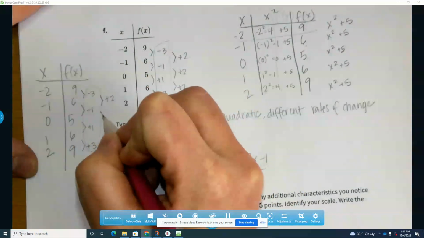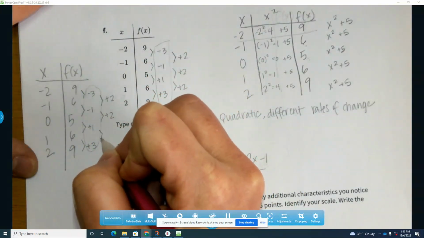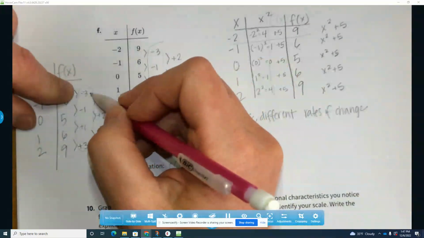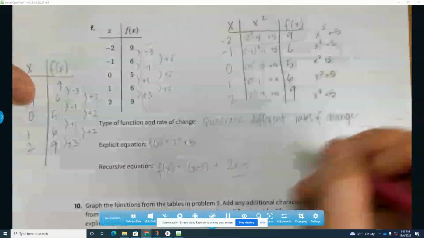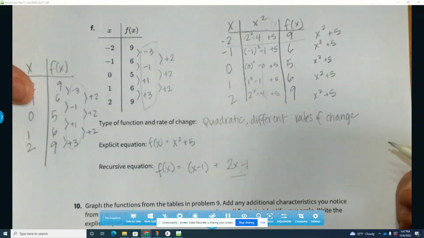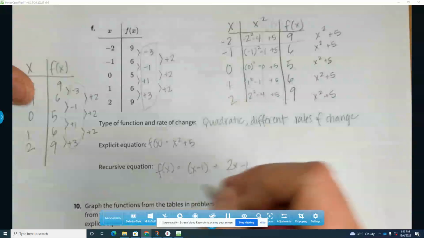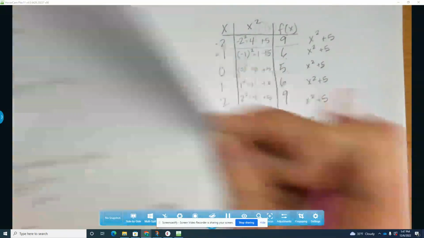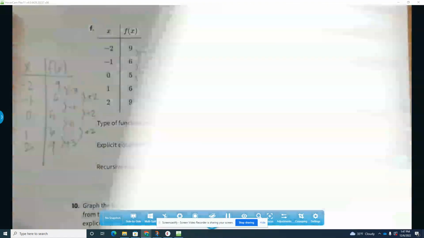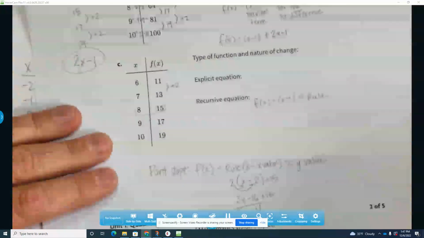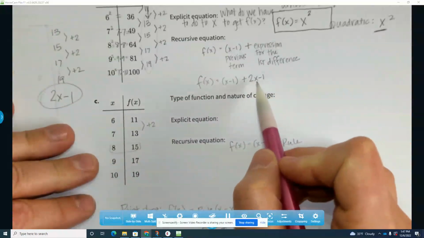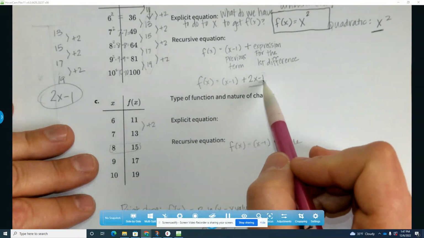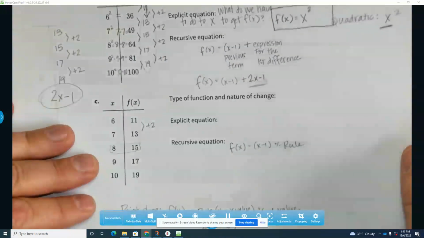Okay, and the plus 2 rule starts applying right away. It starts applying from the first term of that first difference, which is where this 1 comes from. And there's your recursive. Notice your recursive is actually the same as your first one right here in letter B. The rule was 2, and it applied to the first term of the first difference.